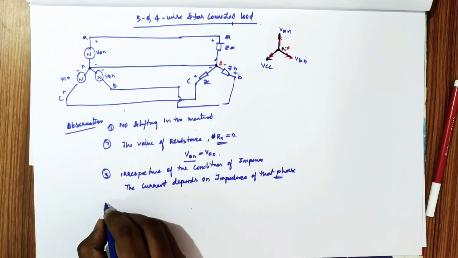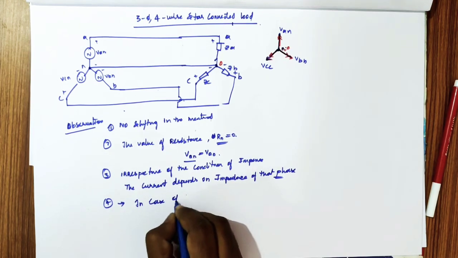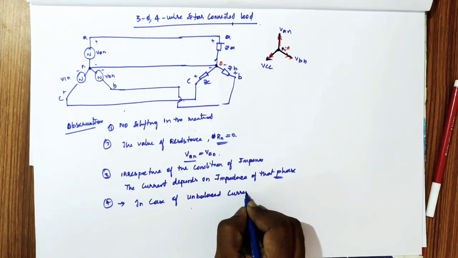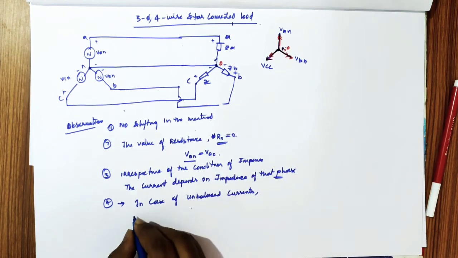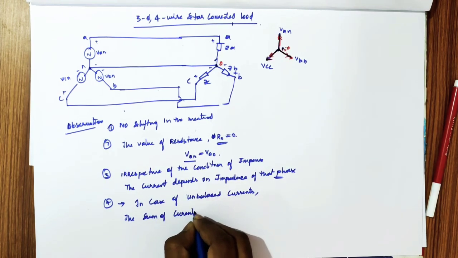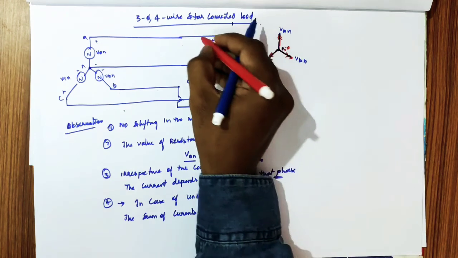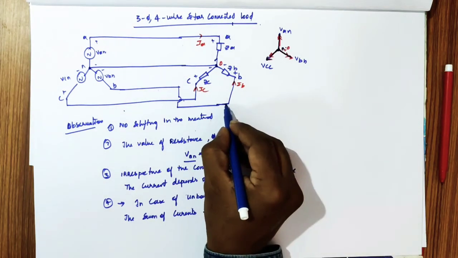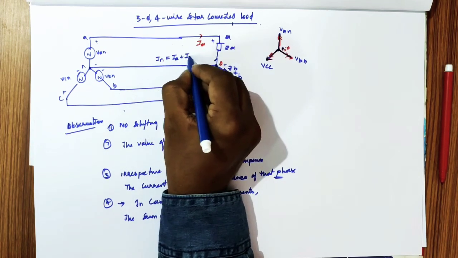Another thing is, in case of unbalanced currents, that is, if IA, IB, IC sum is not equal to 0, for the line currents, we see that the sum of the currents entering, that is the line currents IA, IB, IC, gives IN equal to IA plus IB plus IC.